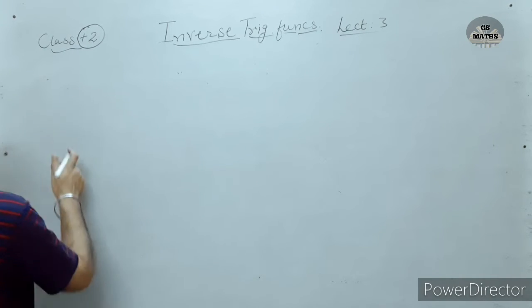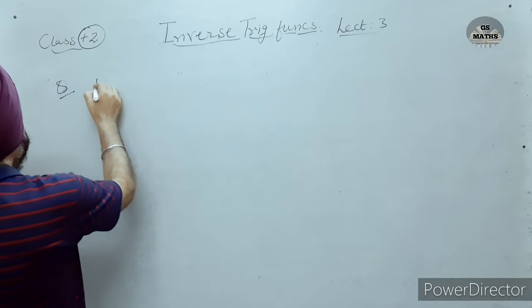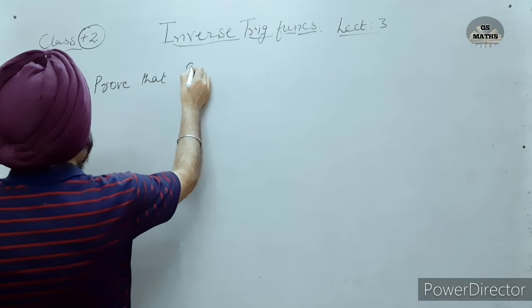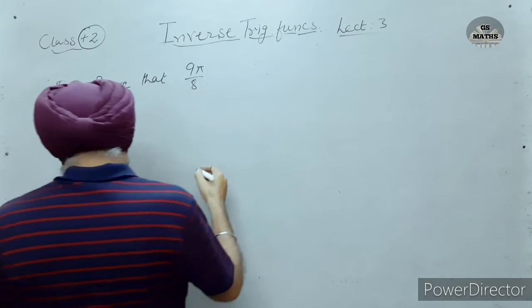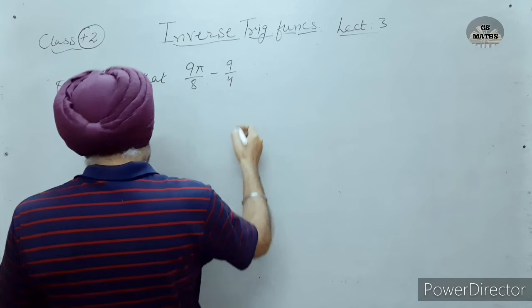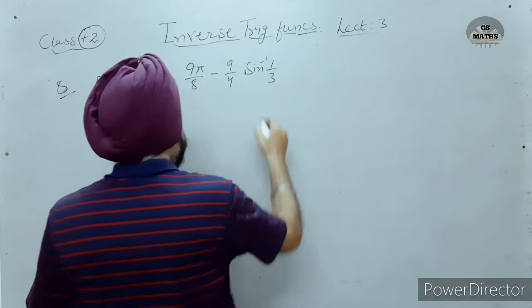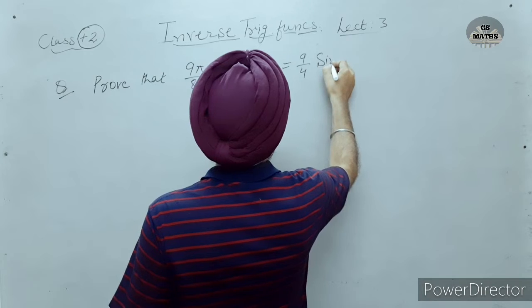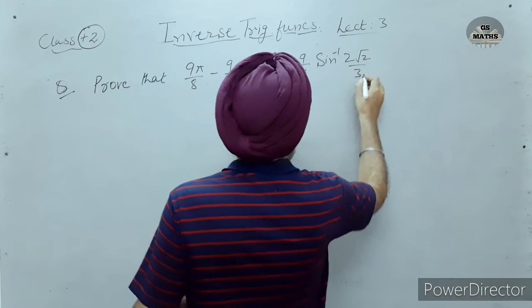listen, prove that 9 upon 8 pi minus 9 by 4 sine inverse 1 by 3 is equal to 9 by 4 sine inverse 2 under root 2 by 3.